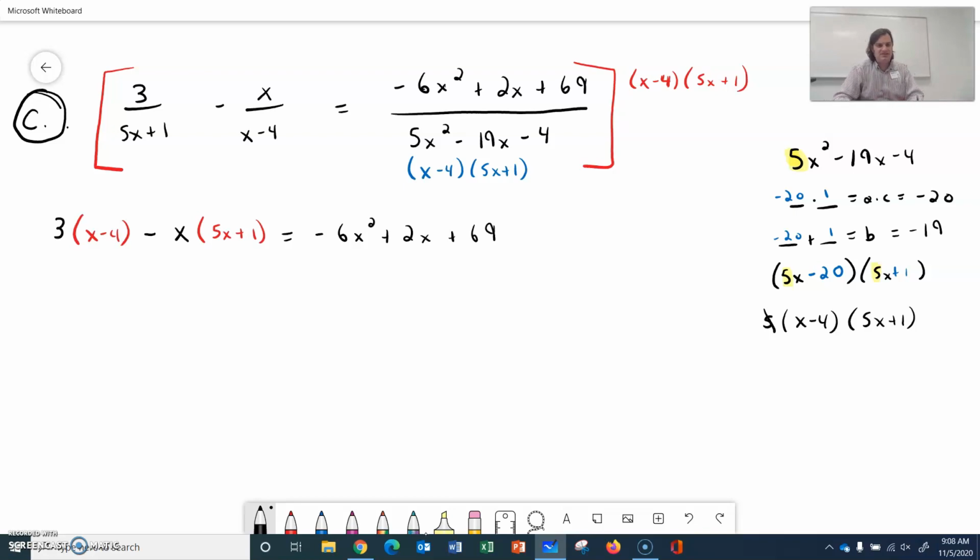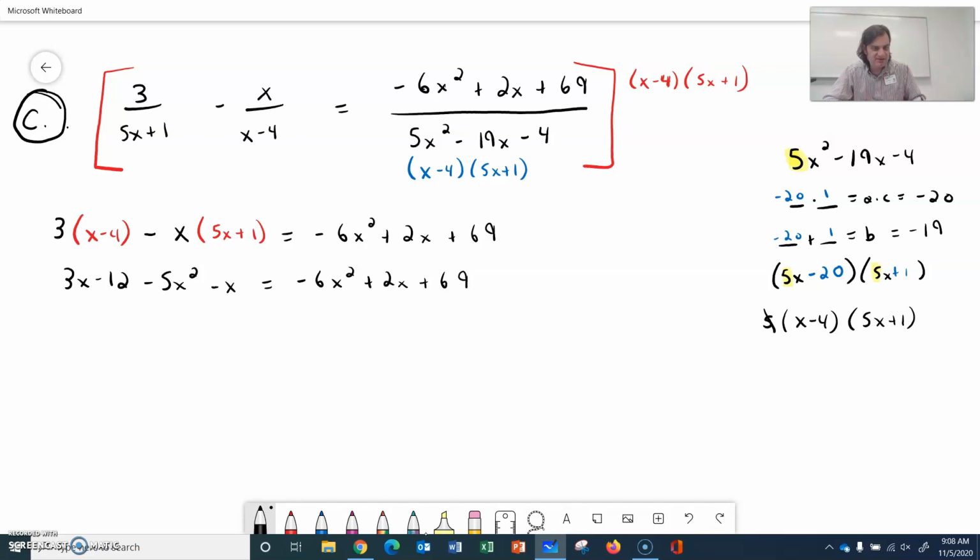So now I just have to distribute and clean up. So let's see: 3x minus 12 minus 5x squared minus x equals negative 6x squared plus 2x plus 69. So we're going to bring everything to one side. From what I like to do, I will bring everything to the left, and that will give me a positive x squared.